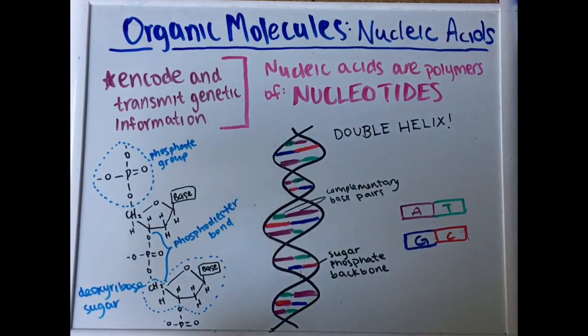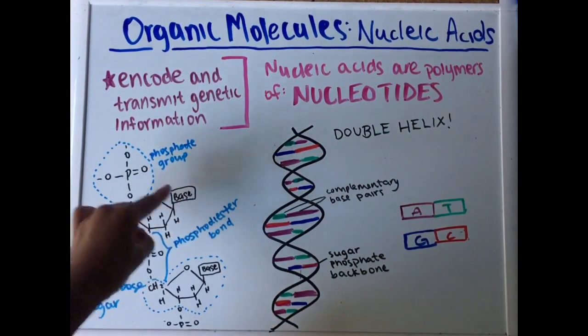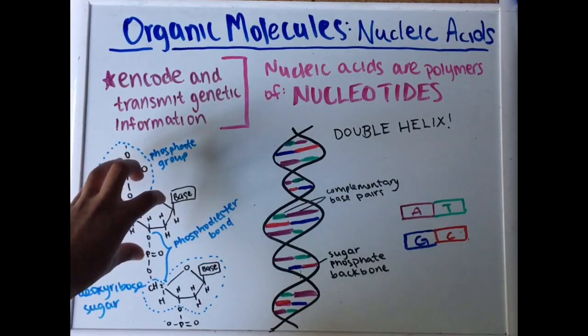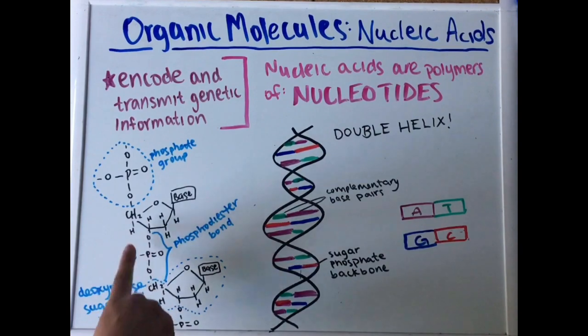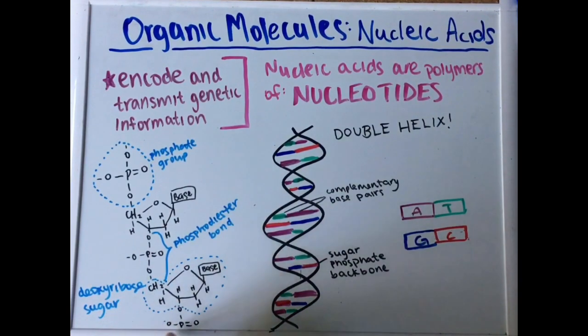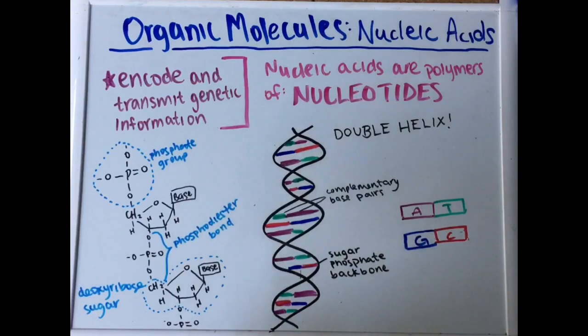In the first nucleotide, we have this phosphate group, and then the sugar, and then the base. That's one nucleotide. And then we have another nucleotide here, where there's the phosphate group here, and the deoxyribose sugar. And there's a covalent bond between the phosphate group and the sugar of both of these nucleotides, and they make a phosphodiester bond.